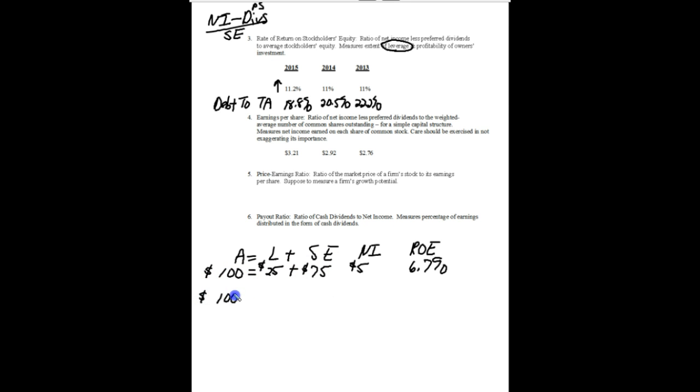Now, let's do a what if. What if those $100 were financed more heavily with debt? Let's make it 50 instead of 25, which means only 50 is financed with stockholders' equity. So we'll have a smaller base. If we assume the same $5 net income, from the investor's view there's a smaller base, so the return on owners' equity is 10%, and it goes up.